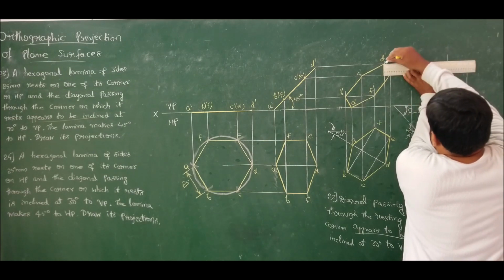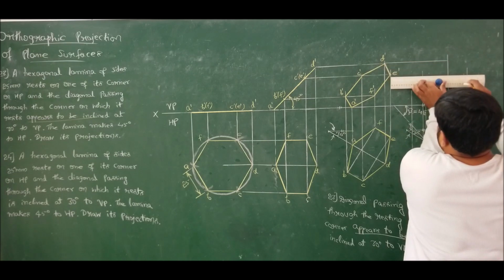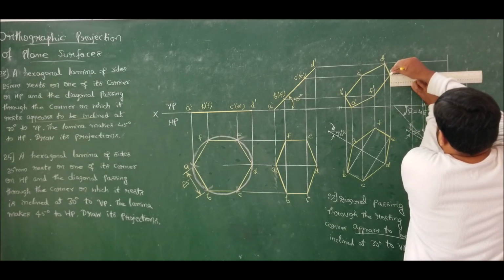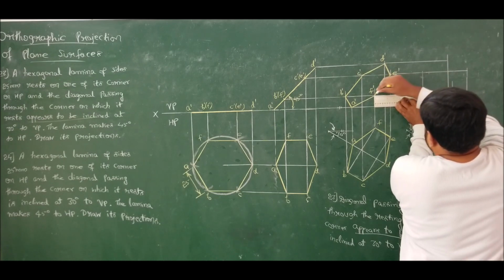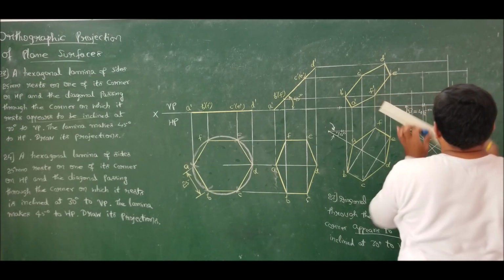This is till D. This is till E. Extend it back till E. And here we have B and F.